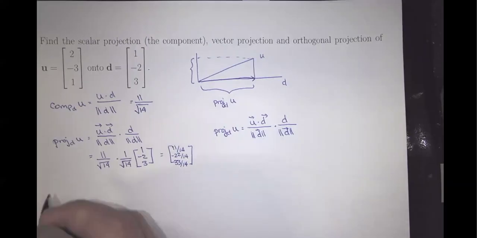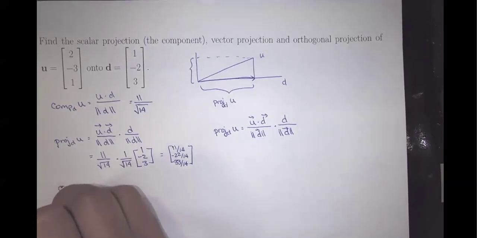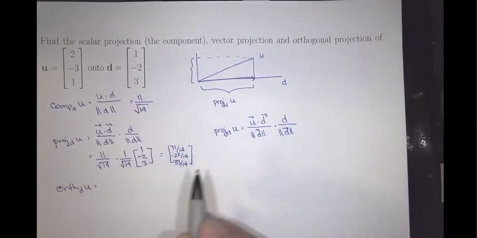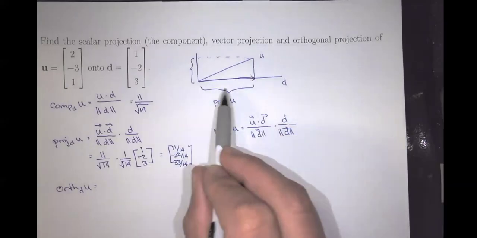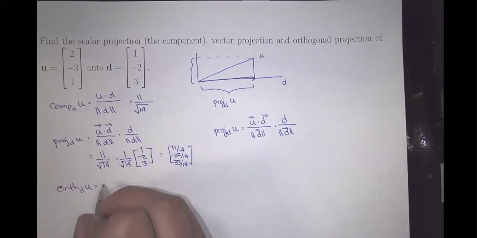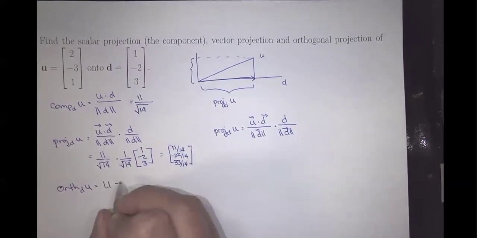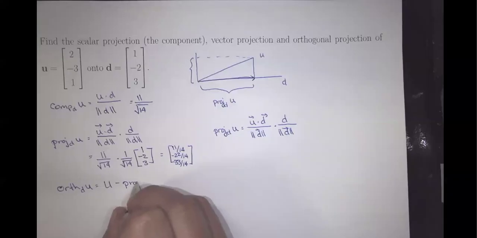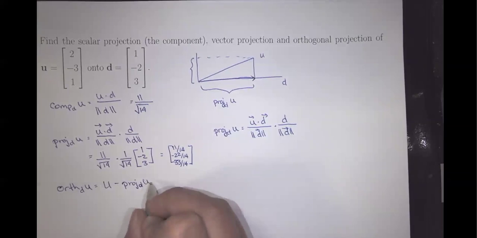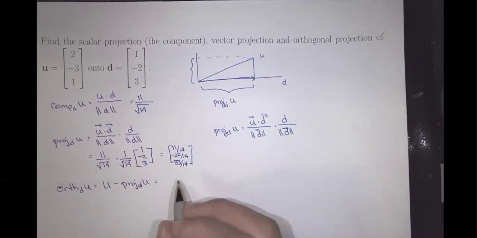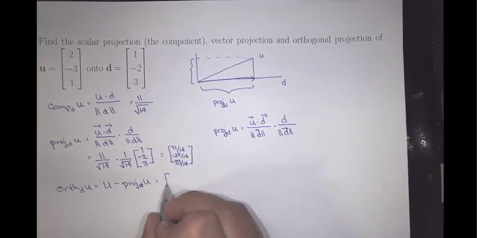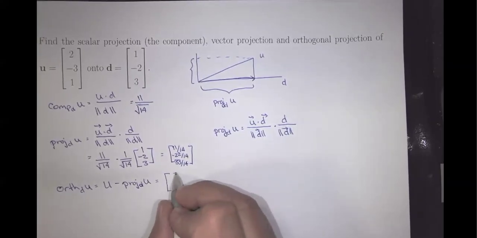The orthogonal projection is everything from U that's not in the projection. So it's U minus the projection of U onto D. So, of course, U is 2, -3, and 1.